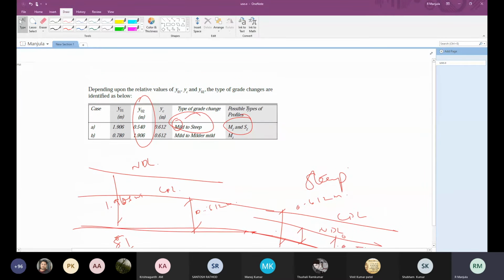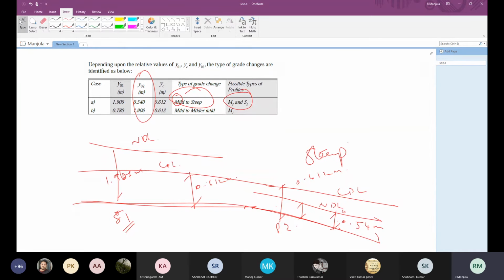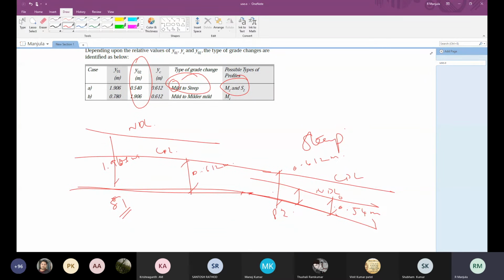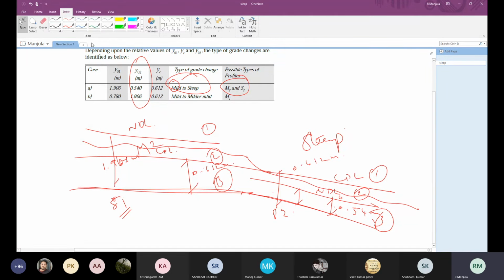You can see here the flow is, this is first zone, second zone, this is third zone. Similarly here first zone, second zone, third zone. So the possibility is water from M2 profile to, so this is going to be your water surface profile.